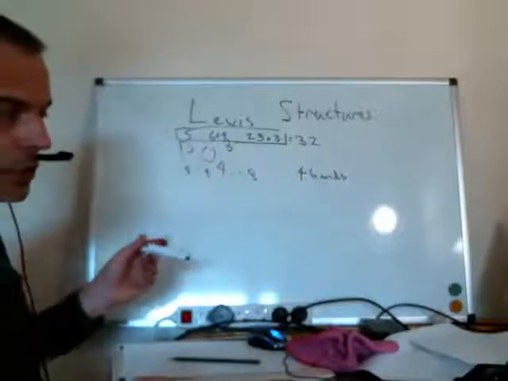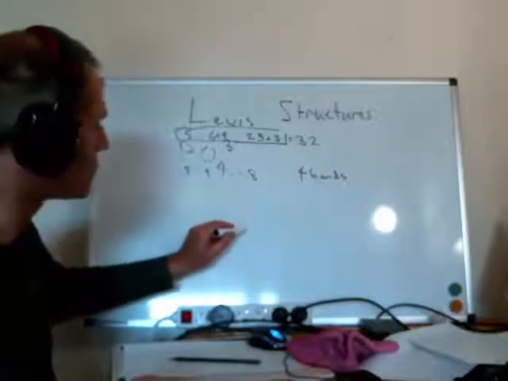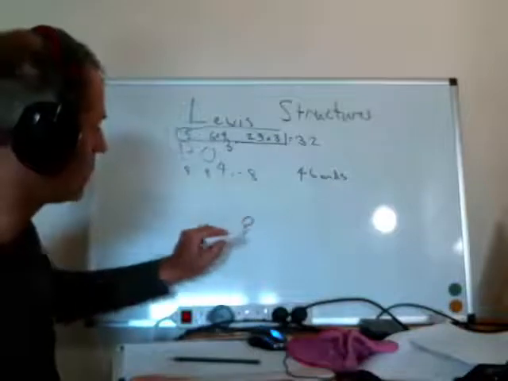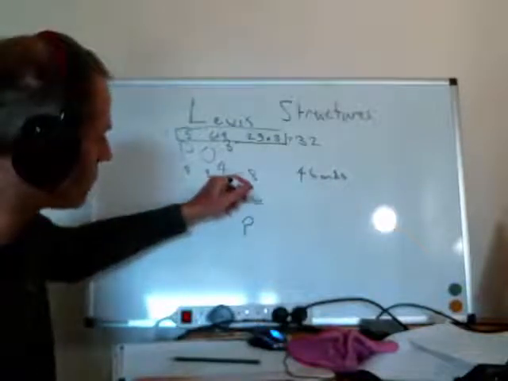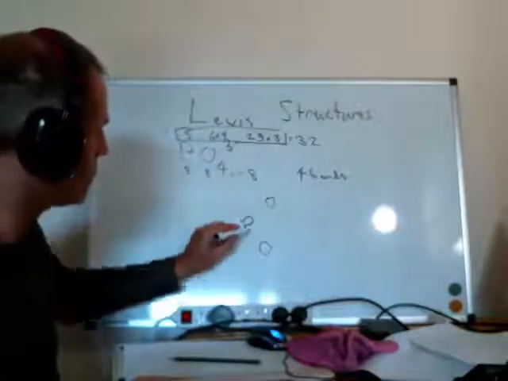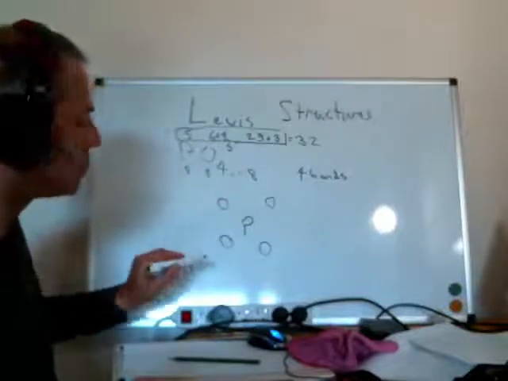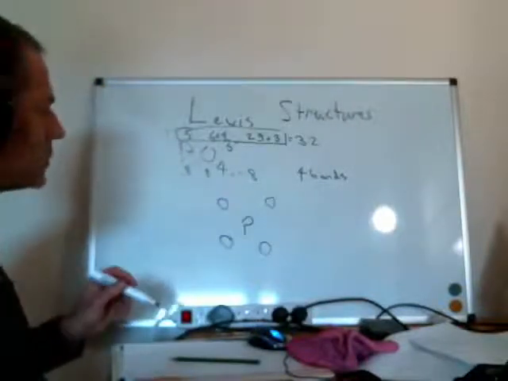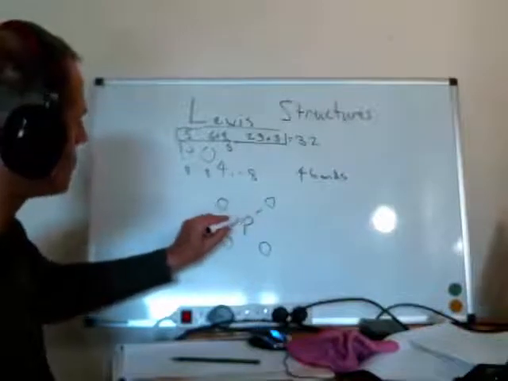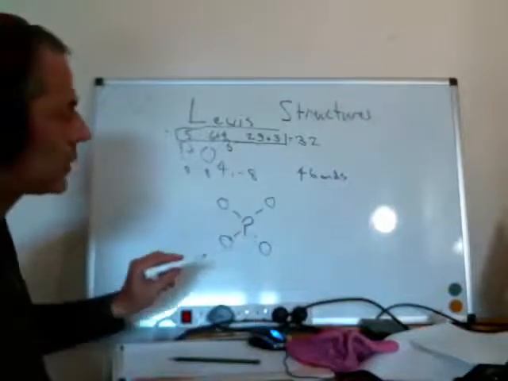So if we draw our structure, we have our phosphorus in the middle here, and we will put an oxygen in a square around it just because it's symmetrical, and draw 4 bonds, which is easy in that case.